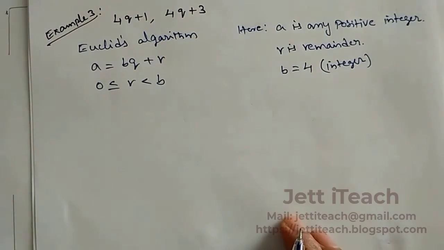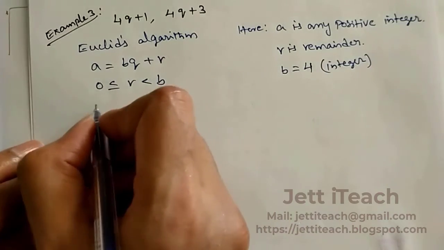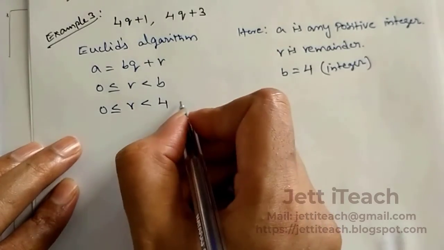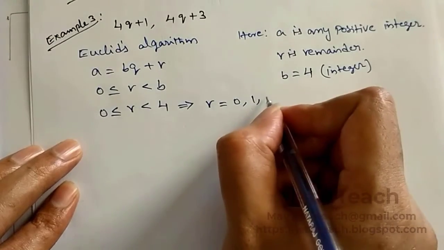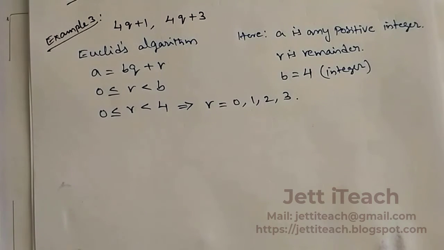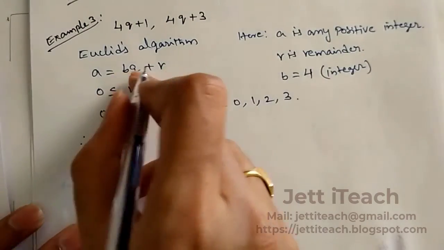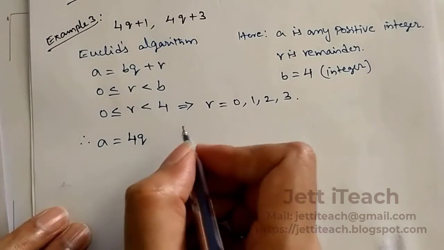We have taken b equal to 4 because in the question they gave 4q. If b is 4, then what's the value of r? 0, 1, 2, 3. Therefore a equal to bq, which means 4q, plus r.